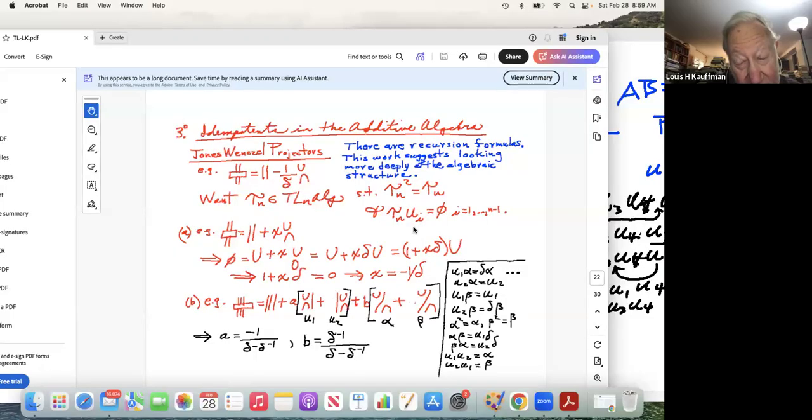We've held on to the Jones-Wenzl projectors for dear life because they do so much for us. But I have had the question of what will happen if we're in the virtual category, because then you could still have the Jones-Wenzl projectors, but you will have other behavior because of virtual crossings, and so you can try to get different projectors in that category to get generalizations of the invariance of three manifolds.